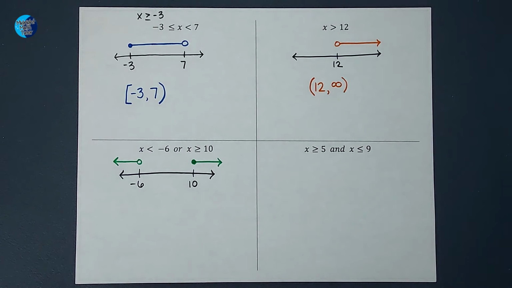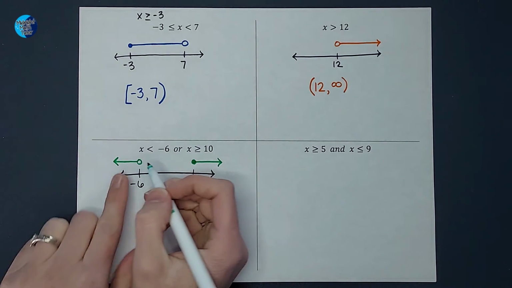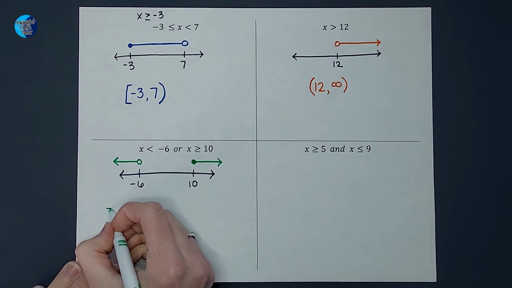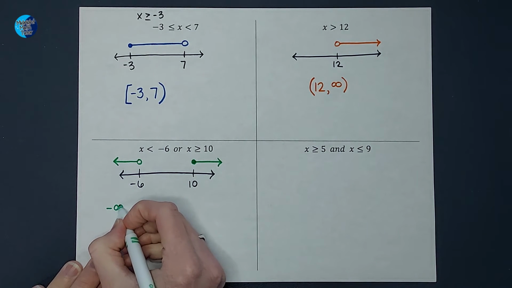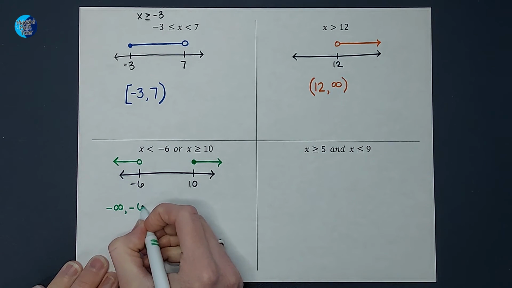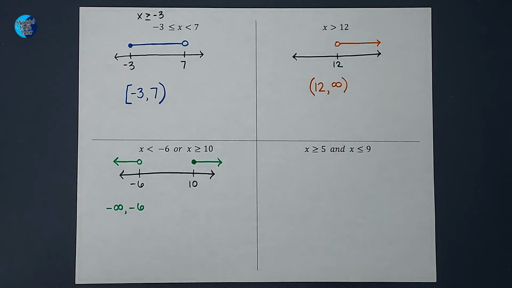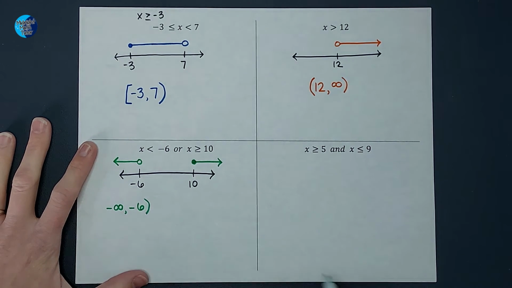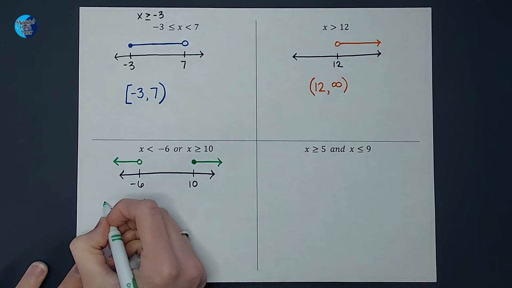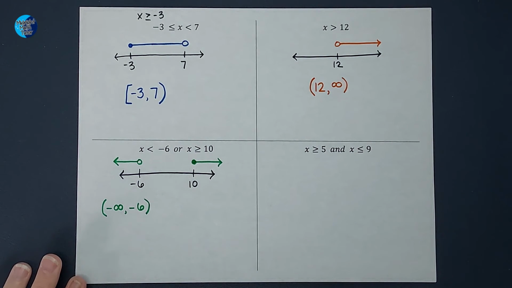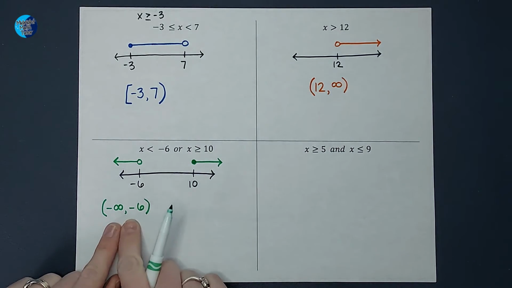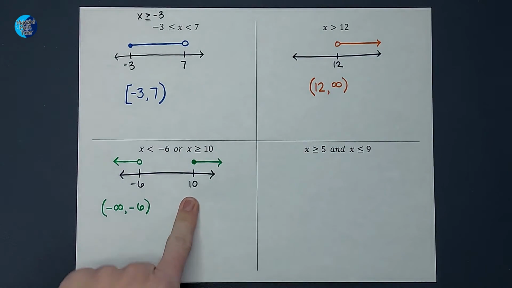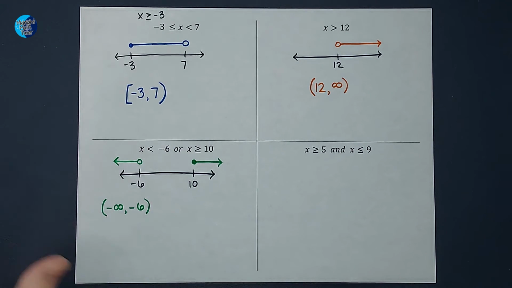So how do I show that with interval notation? Well, this one we'll start with goes all the way from negative infinity to -6. Now, how do I show that -6 is not included? I use a parenthesis, not a bracket. Negative infinity always gets a parenthesis. But that's not all. Because it's an or, it also includes all of these numbers, 10 and everything bigger than 10.